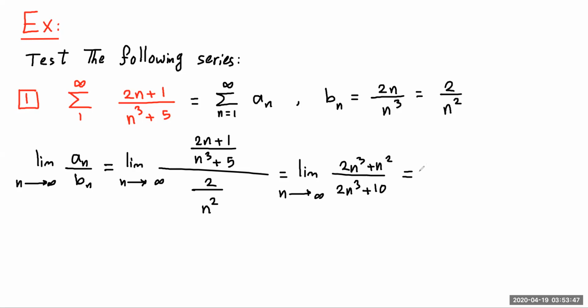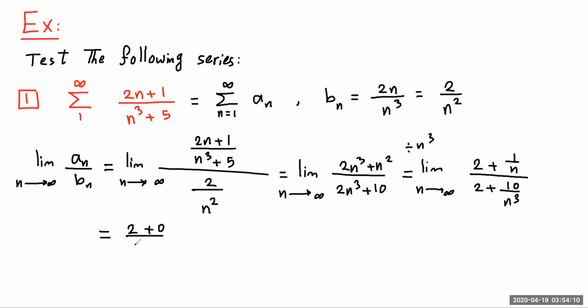If we divide by n power 3, it's the limit of 2 plus 1 over n divided by 2 plus 10 over n power 3 when n goes to infinity. So this limit is 2 plus 0 over 2 plus 0. So the answer is 1.